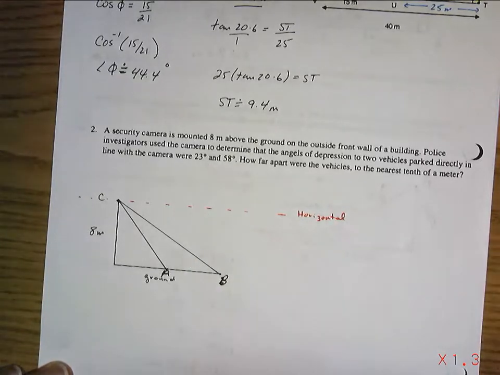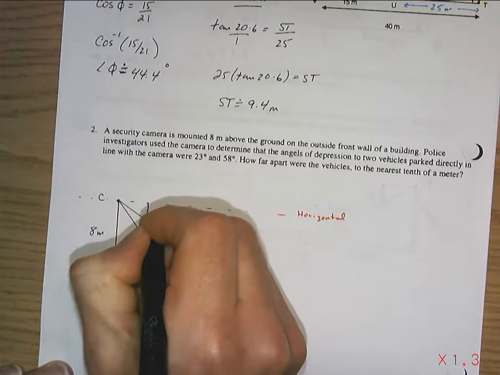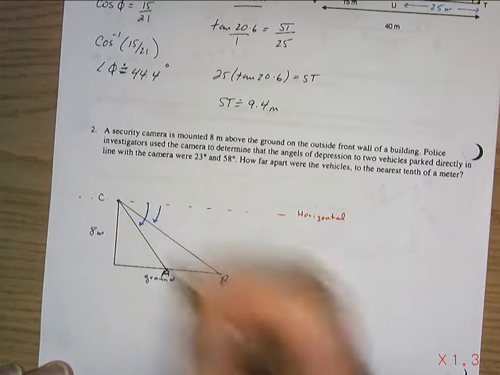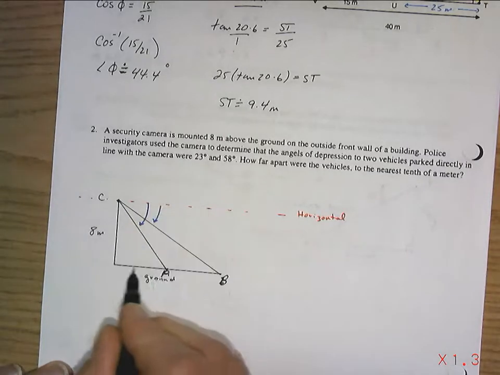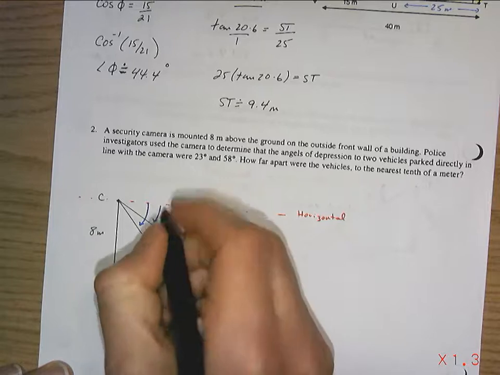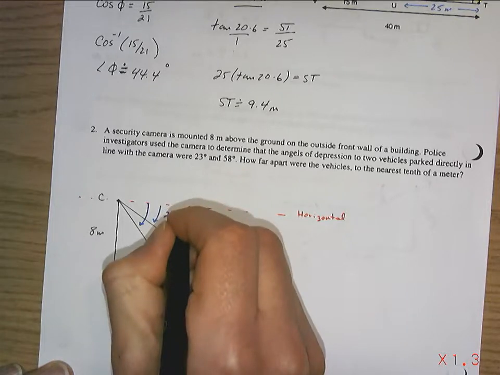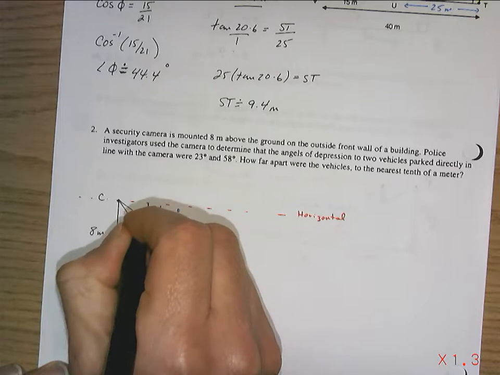So one of the angles of depression is larger than the other. The larger one is the one that's closer to the camera. The smaller one is the one that's farther away from the camera. So this is 23 degrees, and this one in here is 58 degrees.